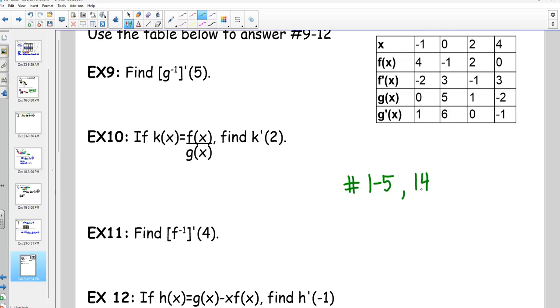Everybody needs to try something on 14. We're going to work on this some more tomorrow, too, because it has a lot of review stuff. Not all of it is inverses, so we'll look at it some tomorrow. But this will give us some inverse practice right now. So 1 through 5 and number 14 are the only ones you have to do tonight.